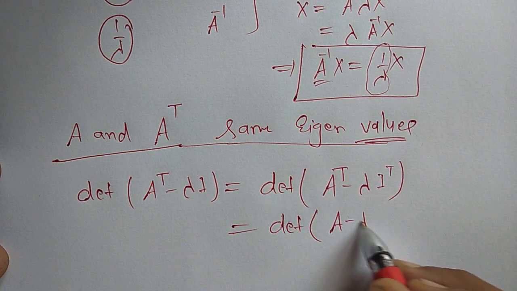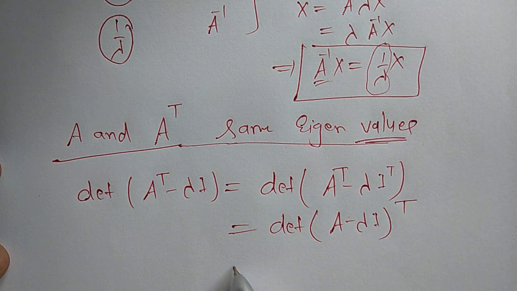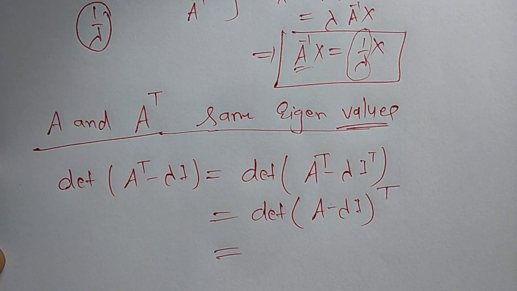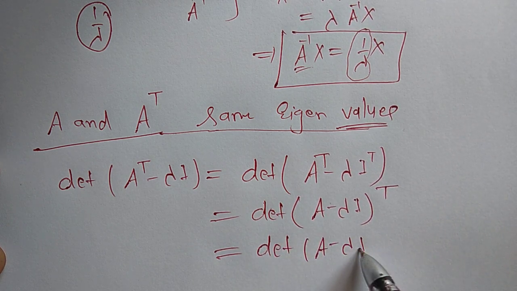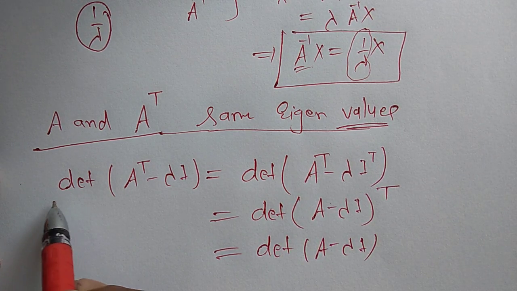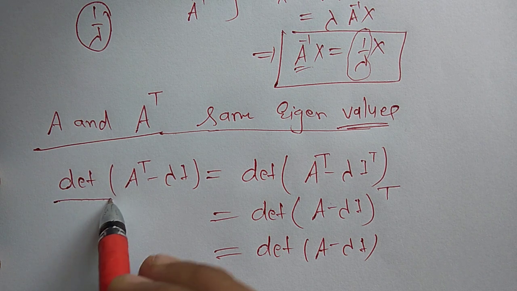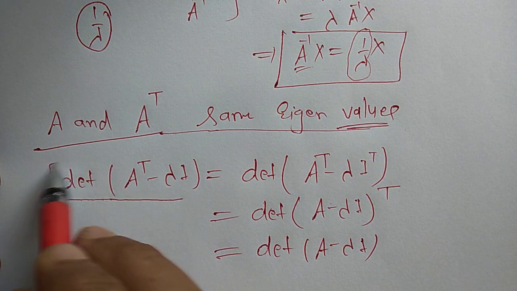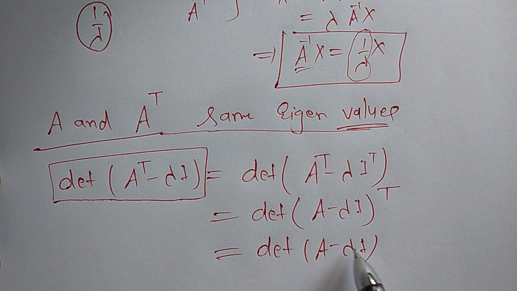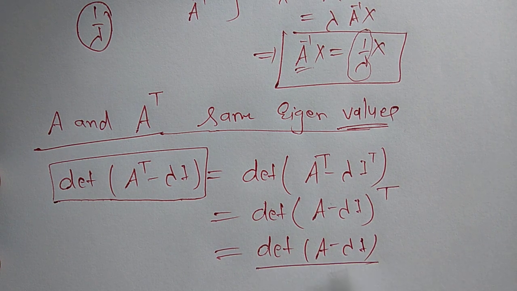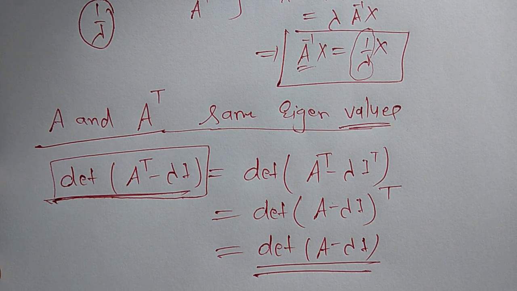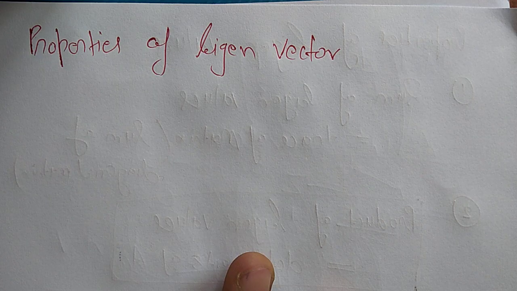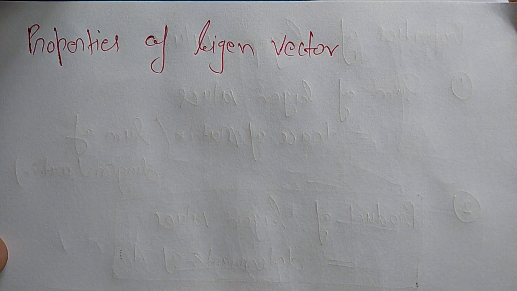So this is the determinant of (A minus lambda I) transpose, and the determinants of a matrix and its transpose are the same, so it equals the determinant of A minus lambda I. So the characteristic equation for A and A transpose is the same, so the eigenvalues are the same for A and A transpose.